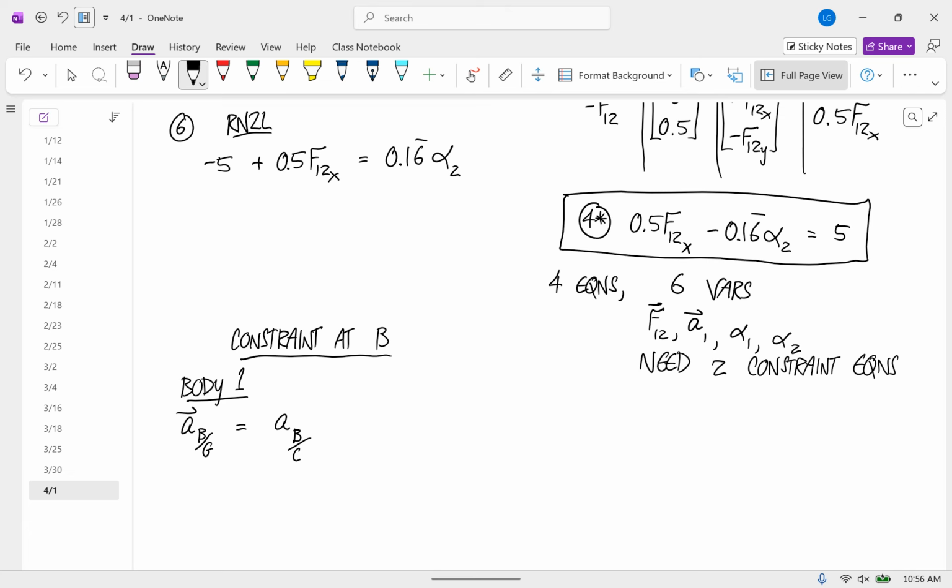Center of mass, and you'll see why in a second, plus, for relative motion, the acceleration of the center of mass relative to the ground. There's no law that that's what we have to do, except that this is already a variable. This is our A1. So we can do this without any new variables coming in.